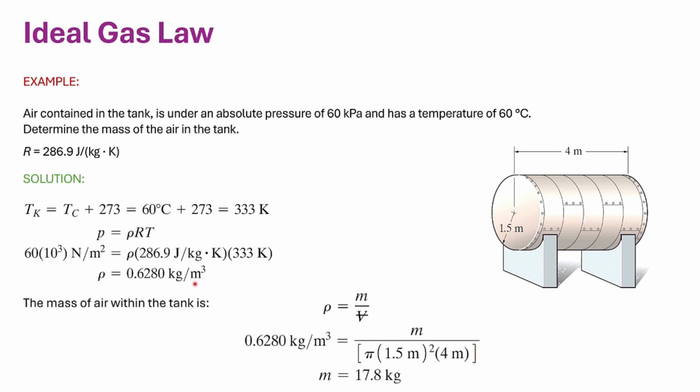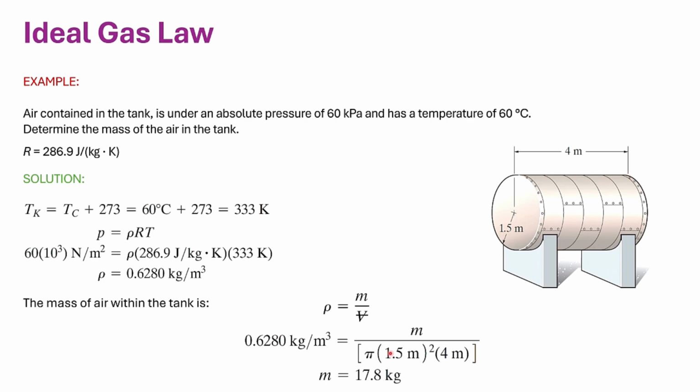Now we found rho. In order to find mass, we know that rho is m divided by V. And from this figure, we know that the radius at this point on the side of this tank is 1.5. So the volume of this cylinder or this tank is A, which is the area at this side, times 4 meters.